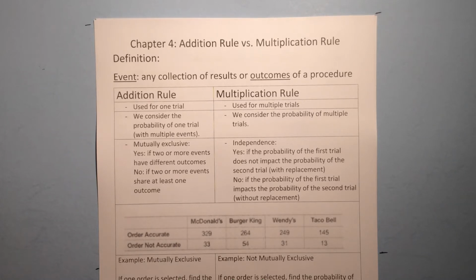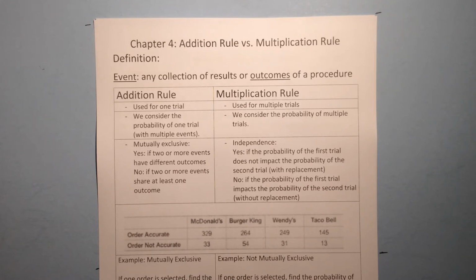So first thing I want to talk about is, in the comparison of these, we need to define what an event is in statistics. An event is defined as any collection of results or outcomes of a procedure. And I like to think of it usually in the context of outcomes, because if we think about what an event is outside the context of statistics, we know that an event like a baseball game can have two different outcomes.